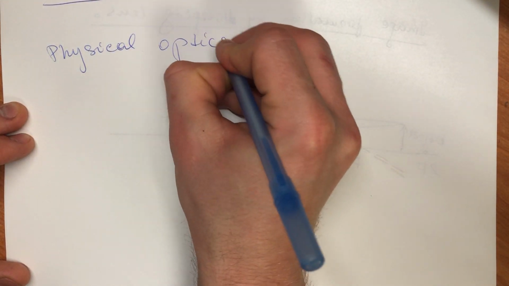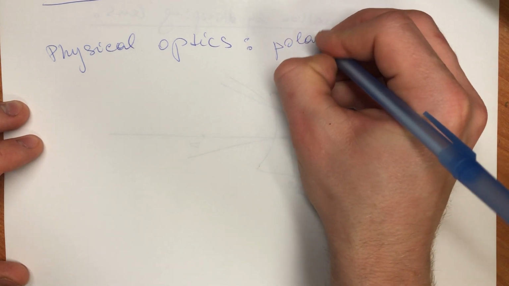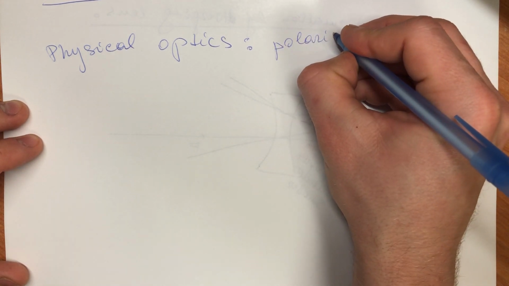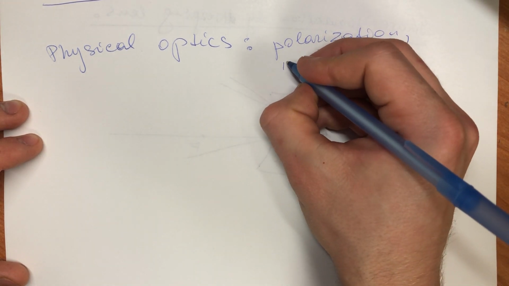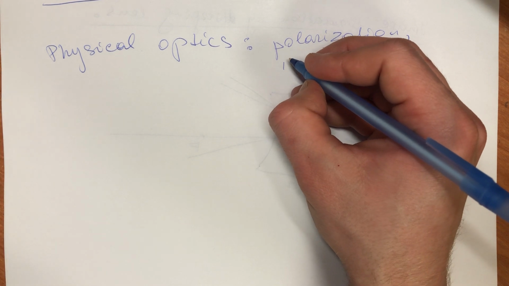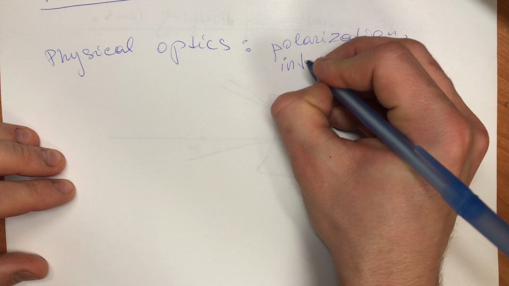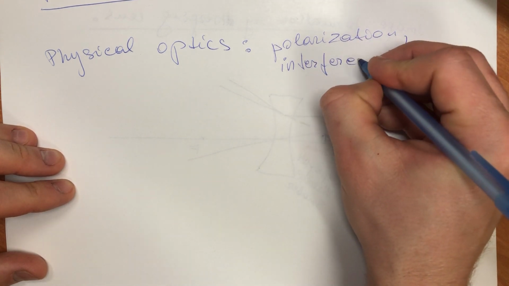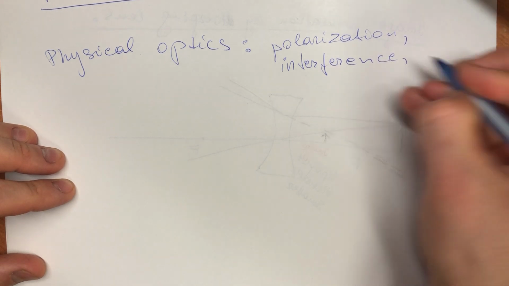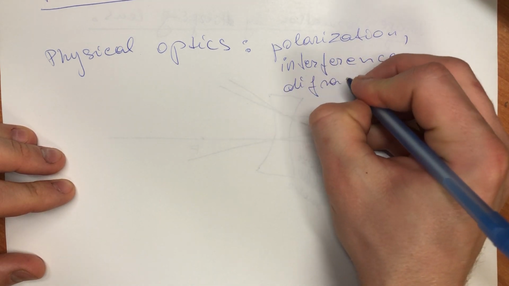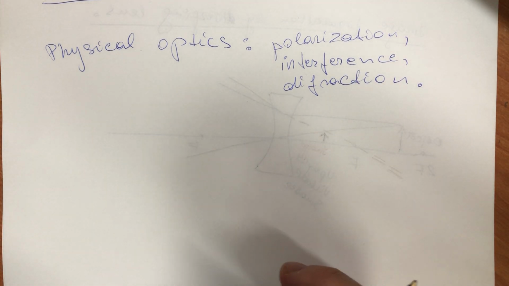So physical optics explains phenomena like polarization, like interference, and diffraction. So all these three phenomena.